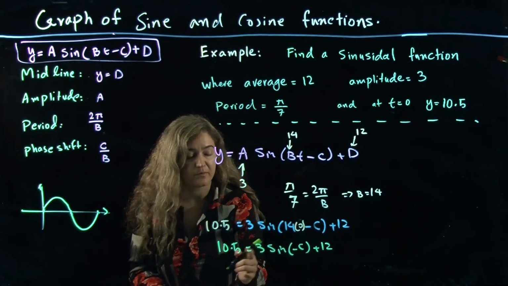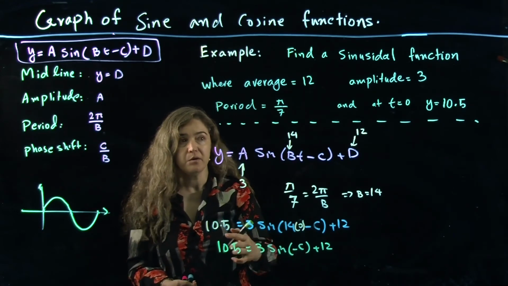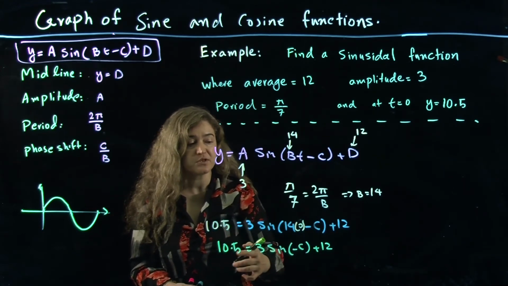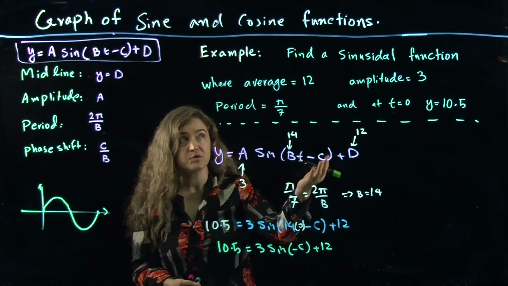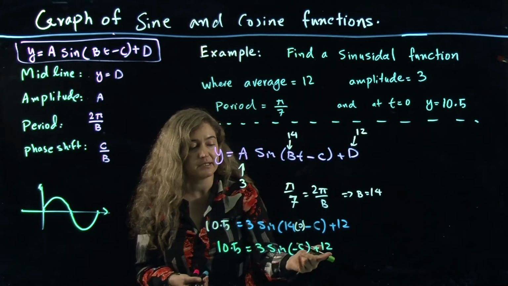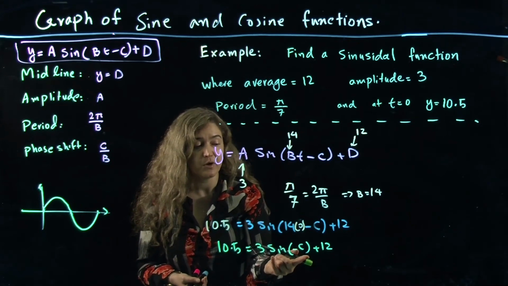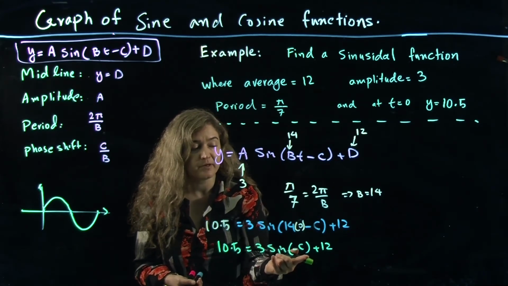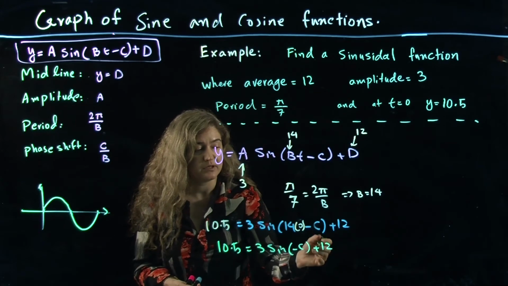Subtract 12 from it. One thing that we want to learn when we're solving trigonometric equations is to isolate the trigonometric function, and that is what we do here.